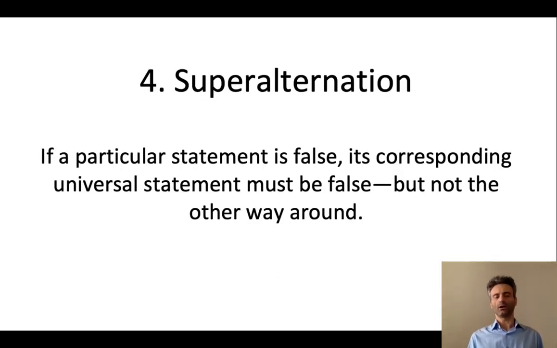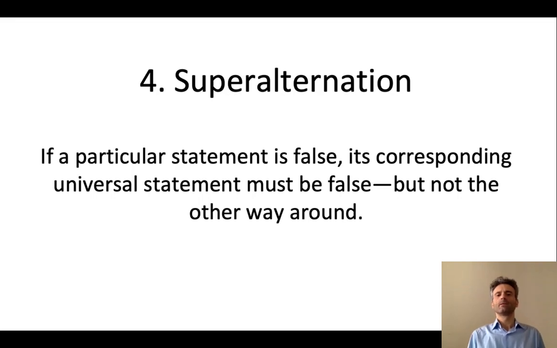And number 4 is superalternation. Superalternation is the following relationship. If a particular statement, either I or O, those are the particular statements, is false, by superalternation, its corresponding universal statement must be false.